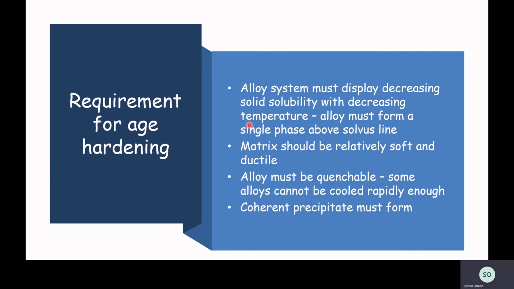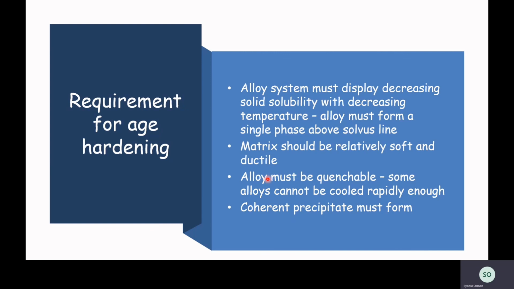The second one is that the matrix should be relatively soft and ductile, and the precipitate should be hard and brittle. In most age-hardenable alloys, the precipitate is a hard, brittle intermetallic compound. The third one is that the alloy must be quenchable.